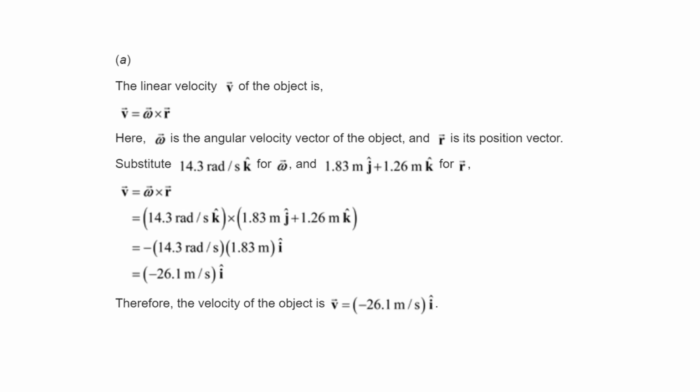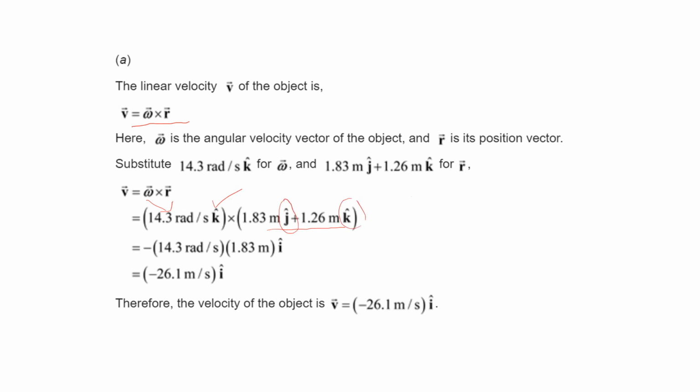Now we are going to find the linear velocity of the object. We can find this by a very simple formula, v is equal to omega cross r. We just have to put in the values given in our numerical, that is omega 14.3 with the unit vector k, and the position vector having unit vectors j and k.